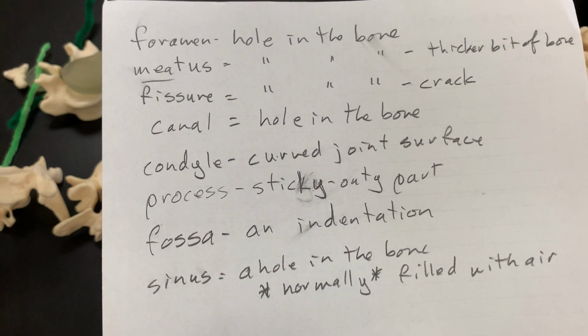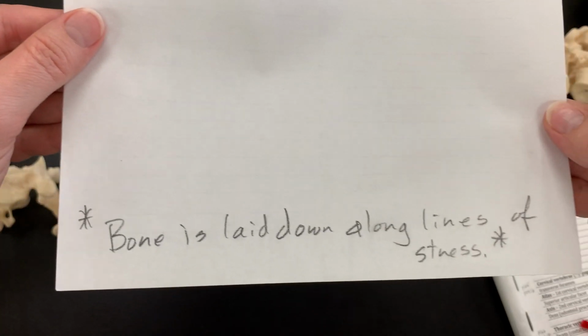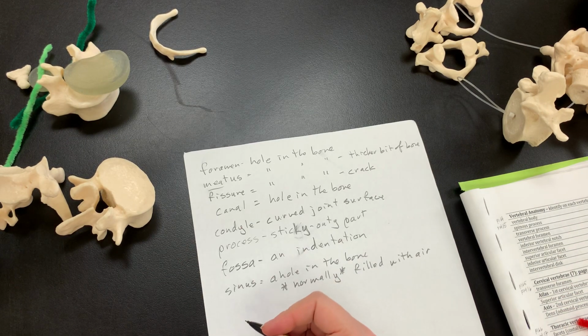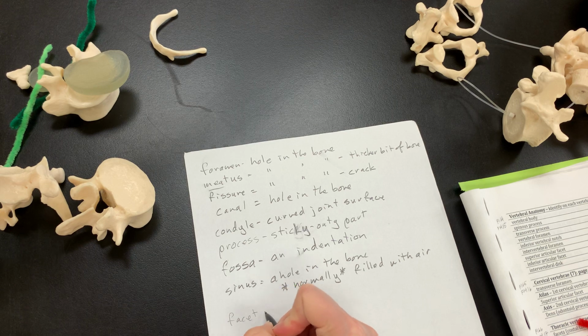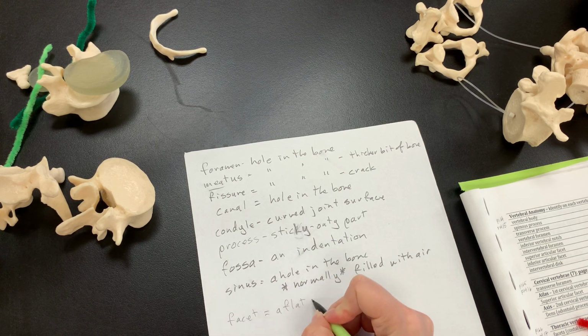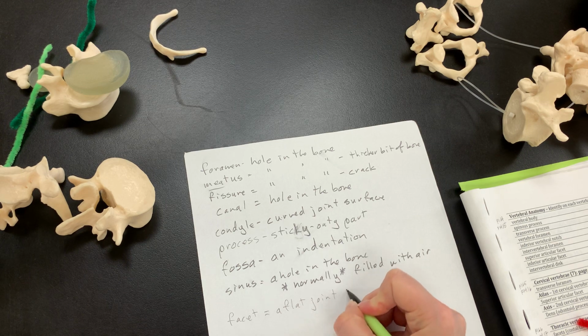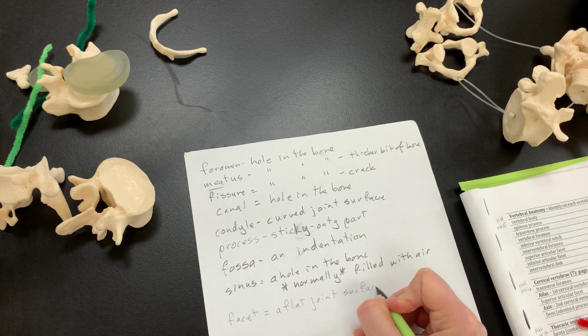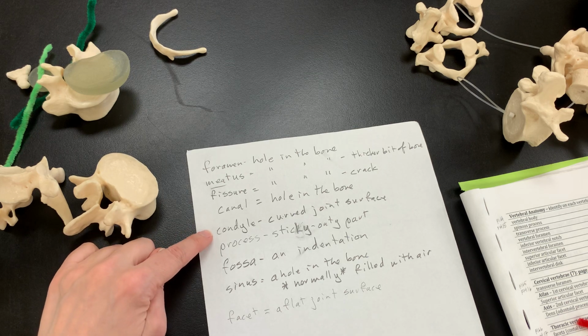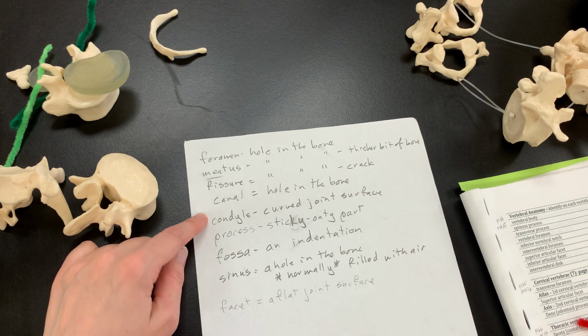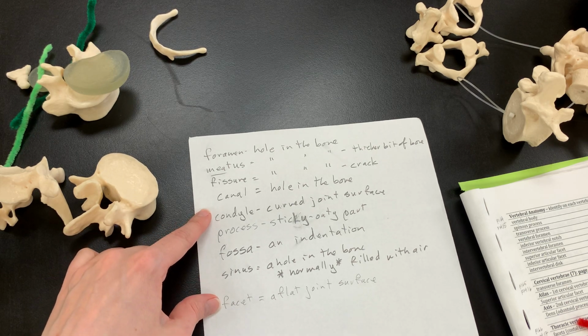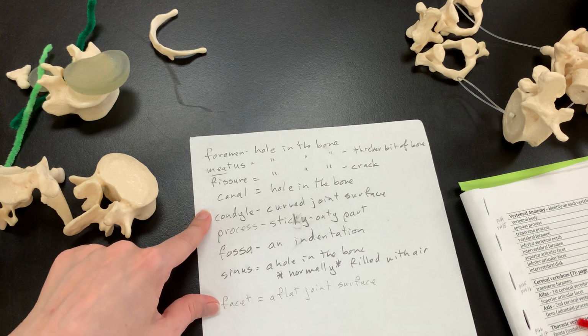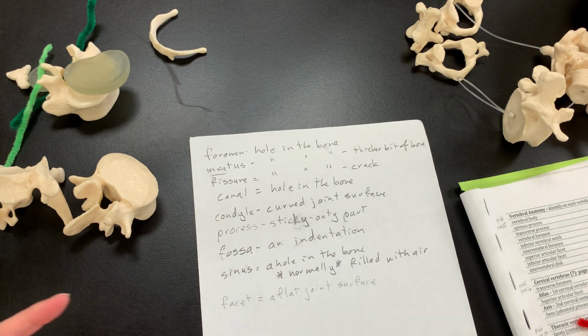As a review, if you don't know those, these are things you need to know. Where were we? We were at facet. A facet is a flat joint surface. What's the other joint surface we had? A condyle, but a condyle is a curved joint surface and a facet is a flat joint surface. Ish, mostly.